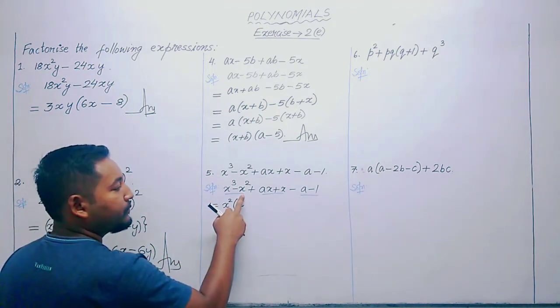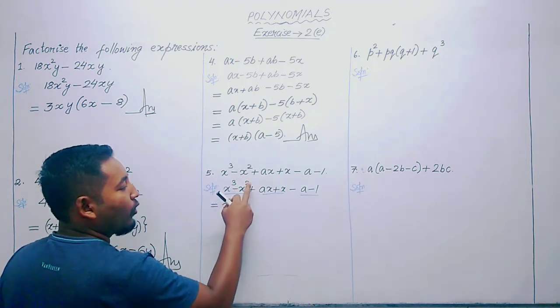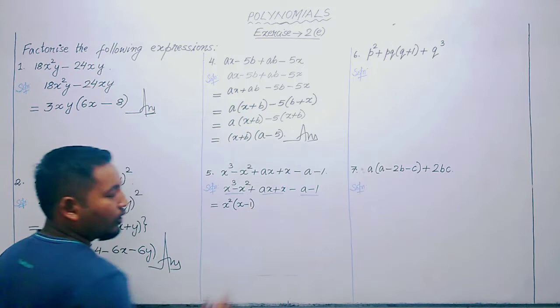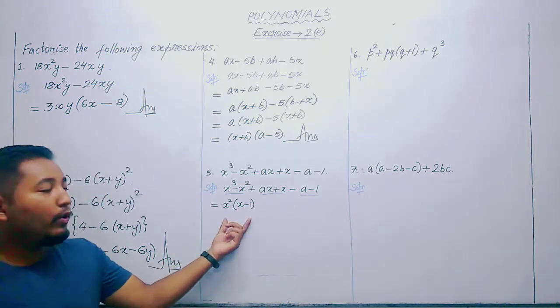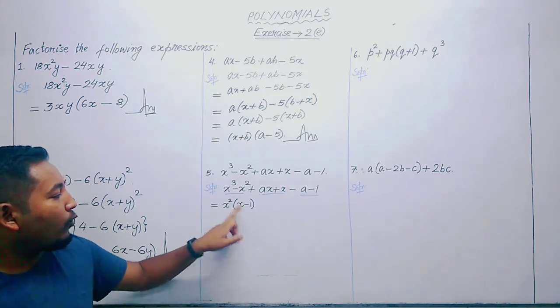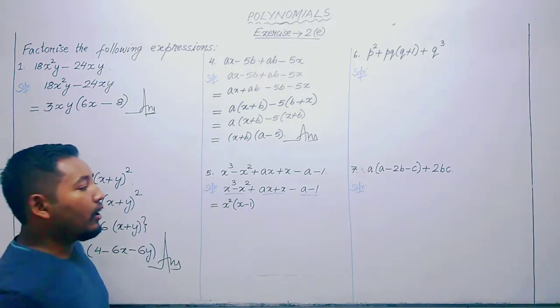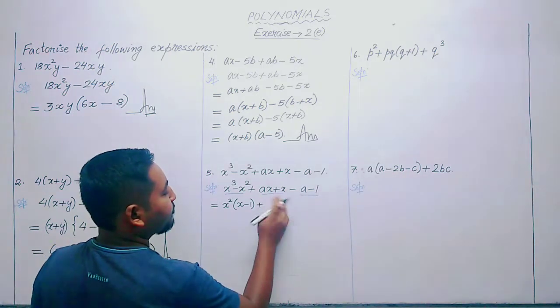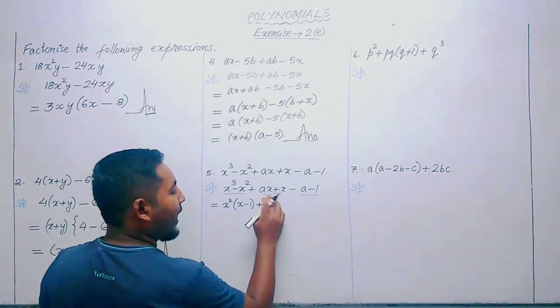Now here, minus x square. x square is already outside. What is remaining? Only 1. So if you multiply these two, you will get the same terms: x square into x, x cube, x square into 1, x square. Now again, from these two terms, what is common? x is common.